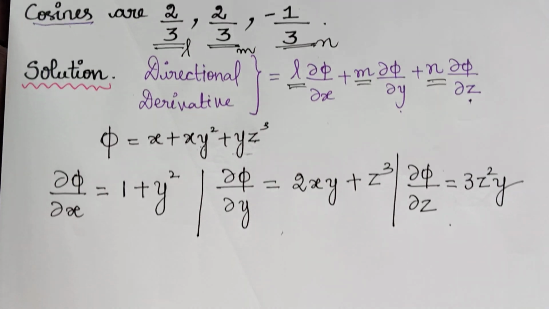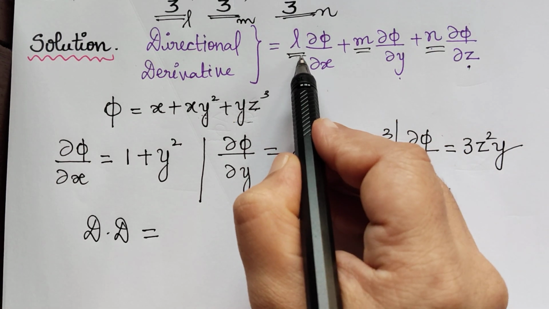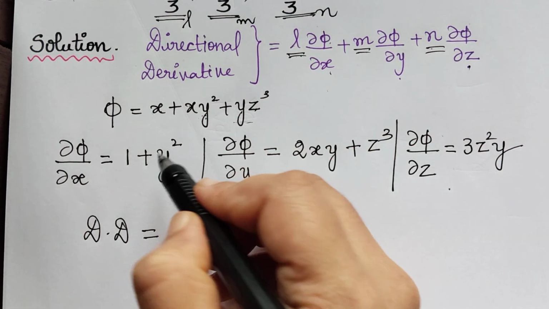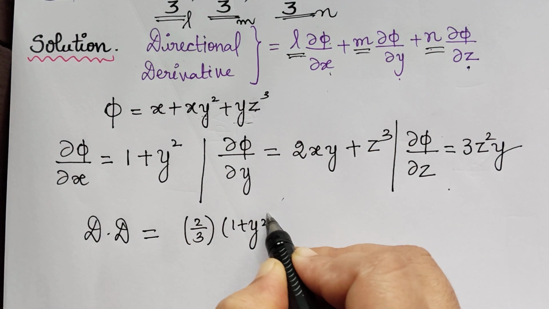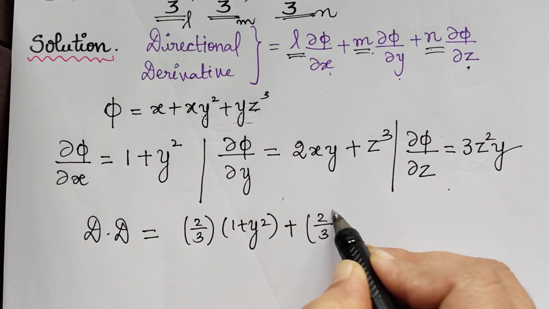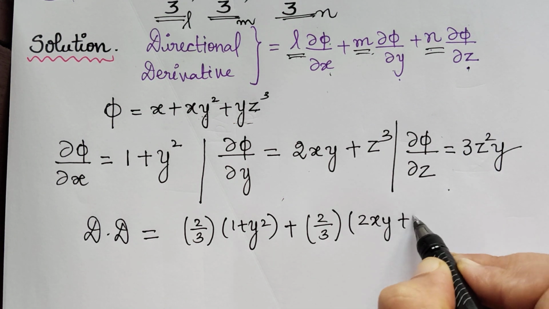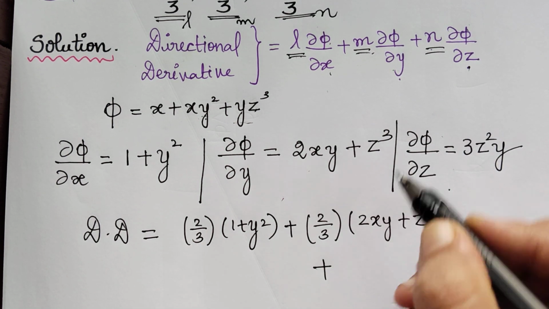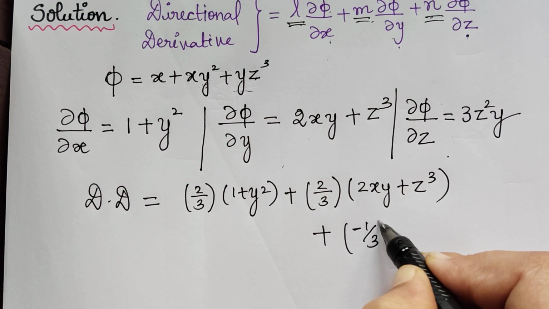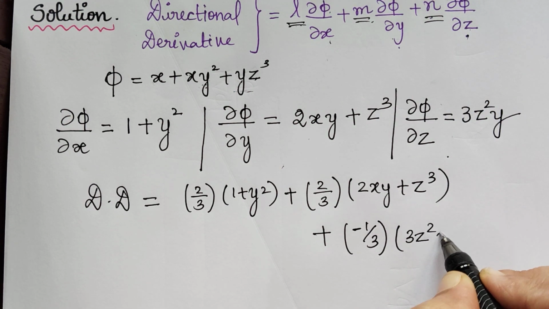The directional derivative will be equal to, first we have to write l. l is 2 by 3 multiplied with ∂φ/∂x, which is 1 plus y square, plus m. m is 2 by 3 multiplied with ∂φ/∂y, which is 2xy plus z cube, plus n. What is n? It is negative 1 by 3, multiplied with ∂φ/∂z, which is 3z square y.